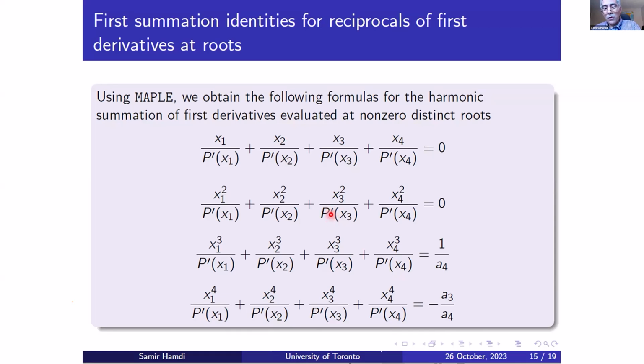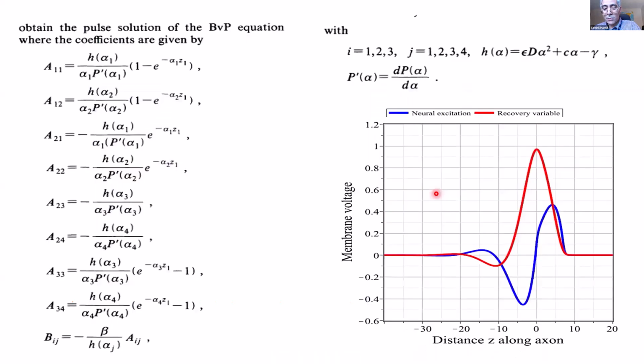But for higher order, we developed the mathematical proof that this identity holds for any degree of polynomial, as long as the derivatives are non-zero and the roots are distinct. So x1, x2 are distinct up to x4 in this case.